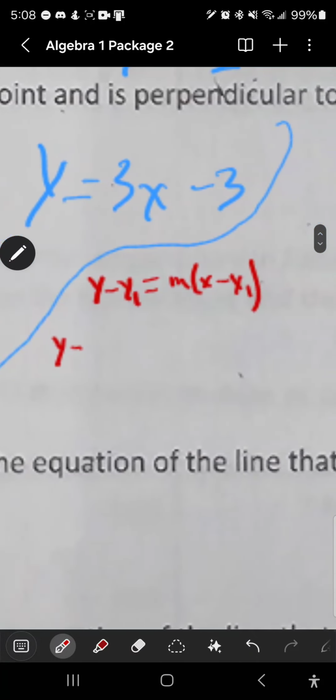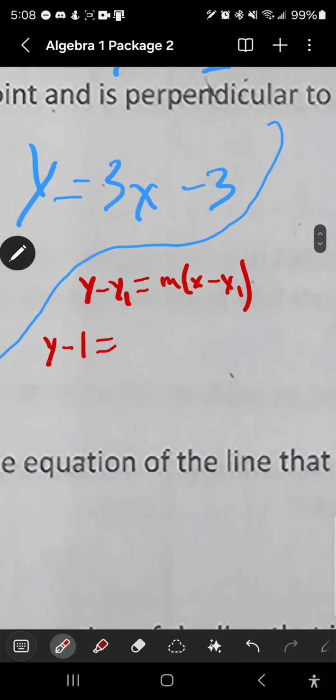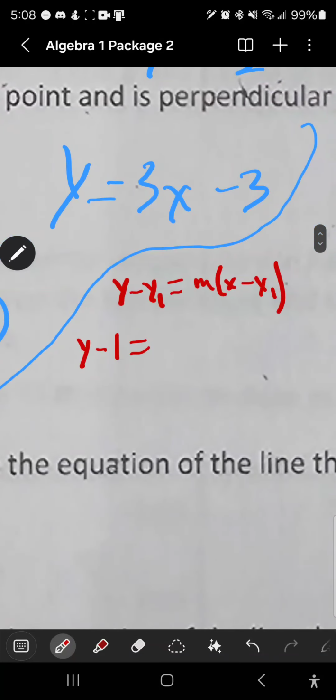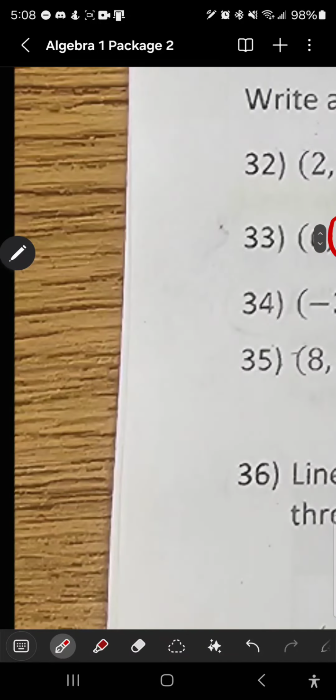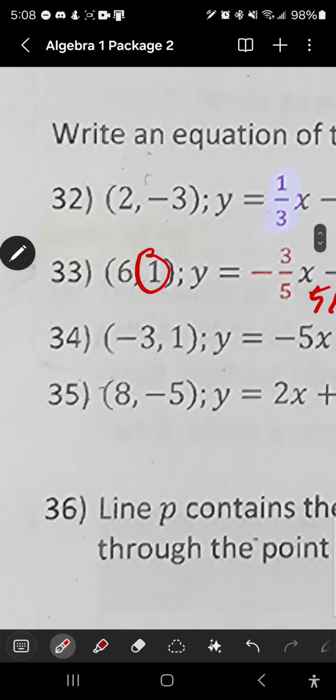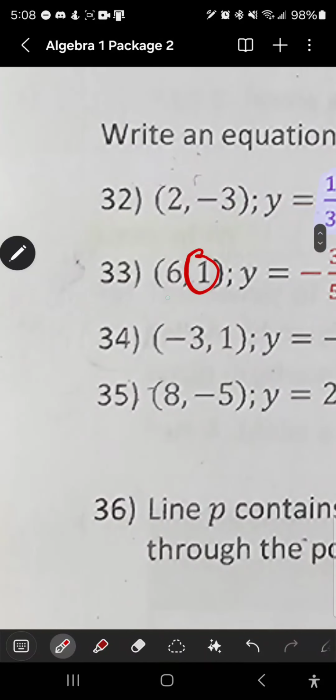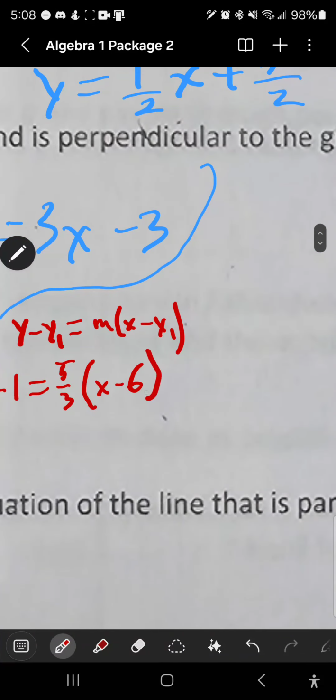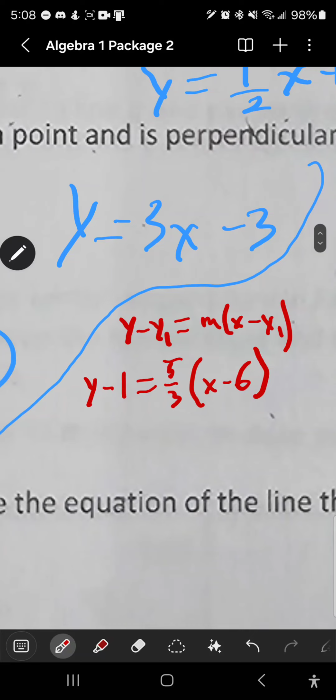So y minus 1 equals our slope, our m, which is 5 over 3, times x minus 6, because this is our x value, since it's x comma y. So we put the 6 here, and this is our equation.